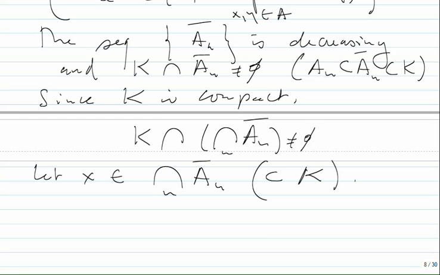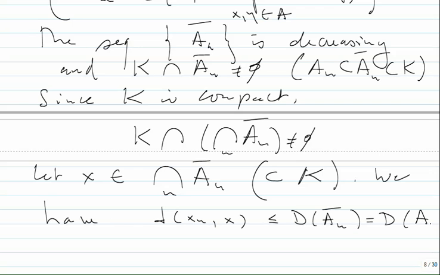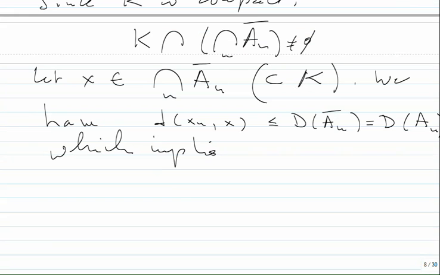We have the distance from x_n to x is less than the diameter of A_n bar, which is also equal to the diameter of A_n, which implies the limit of the distance of x_n to x is equal to 0 when n goes to infinity.